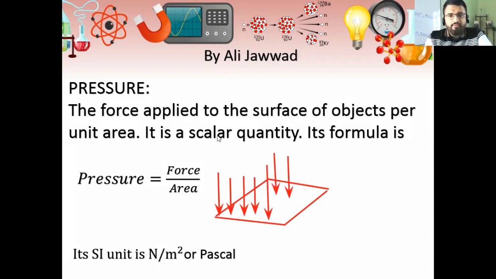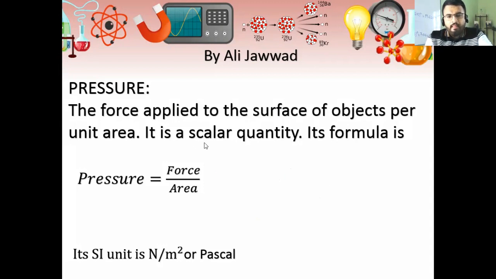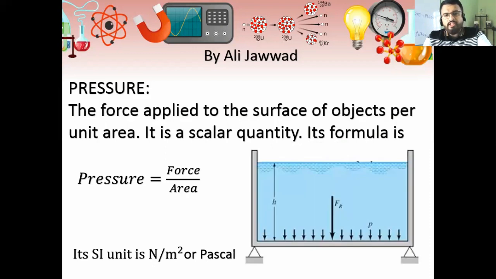Let us understand with the help of an example. Let's say we have an aquarium like this, which is filled with water. So the weight of the water will act on the base of this aquarium, and all the weight will not be acting on a single point. Obviously, this portion of the water has some weight, and this weight will be acting over here.